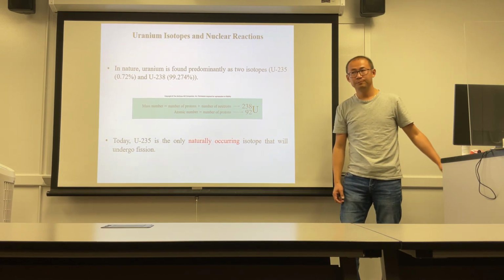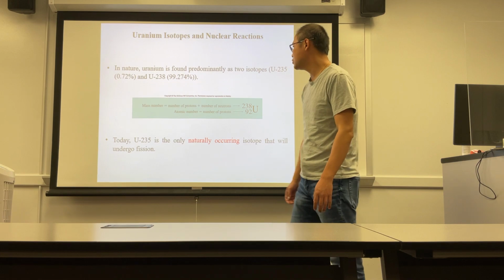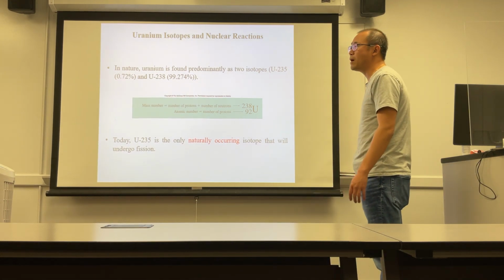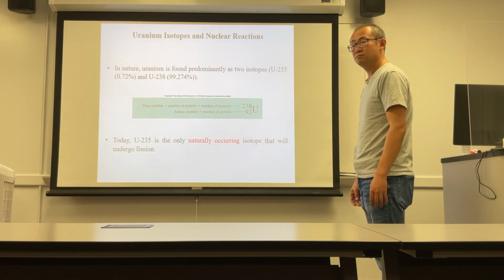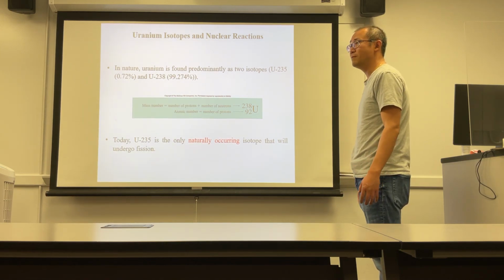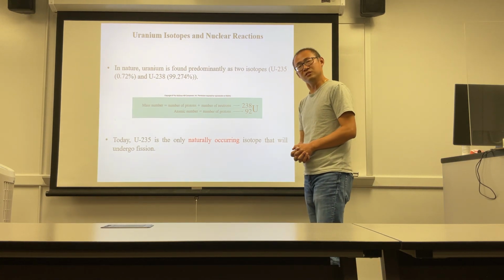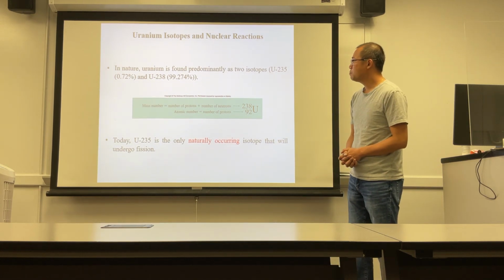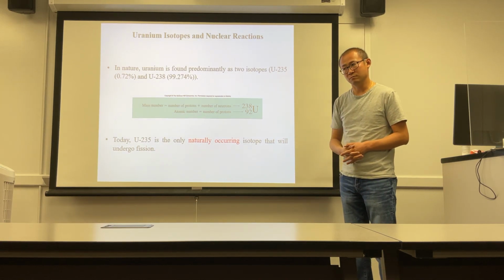Now, when it comes to fission reaction, we have to talk about a very important nucleus or element, uranium. Uranium, this element is found predominantly as 2 isotopes.